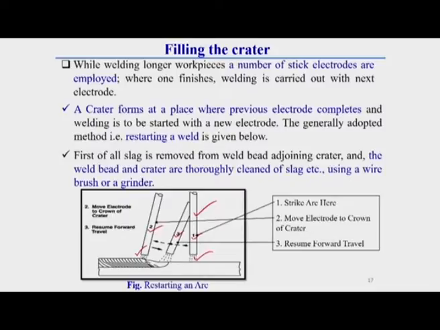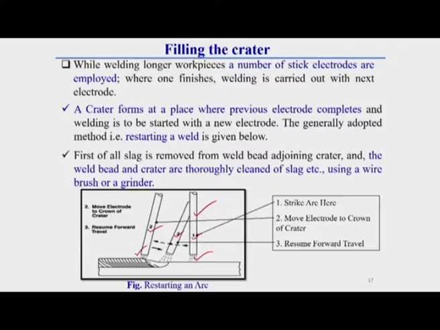So, you start the arc away from the welding region by the tapping method, then immediately move the electrode to the crown of the crater and resume welding by forward travel. If you restart the electrode this way, the crater will be eliminated.